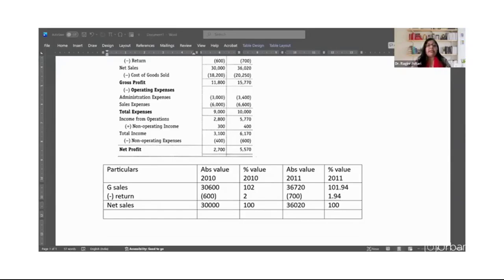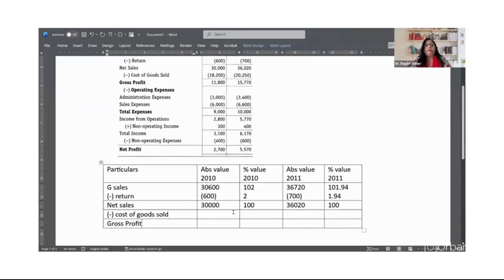So again, let us write this value here: minus cost of goods sold, and this is going to give us gross profit. Let us write the figures first and then we find the percentages.